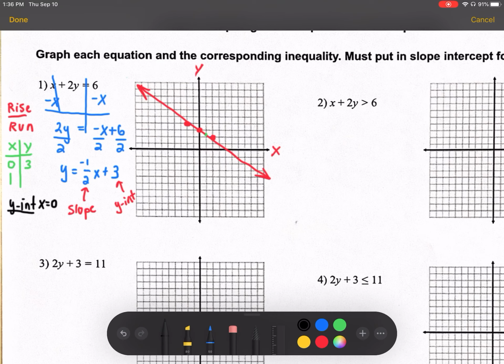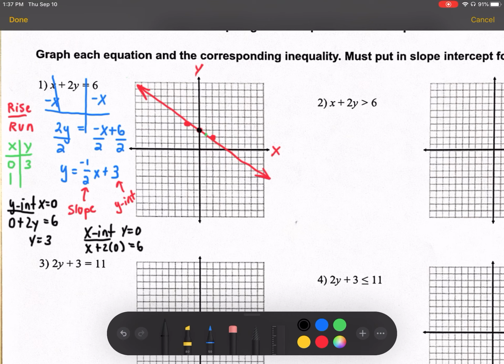So if we plug 0 in where x is, that's what we had done earlier, and we found out that y was 3. So our y-intercept is that point (0, 3) right here. We can do the x-intercept, and to do the x-intercept, we would plug 0 in for y, and we'll get x plus 2 times 0 equals 6, so x is 6.